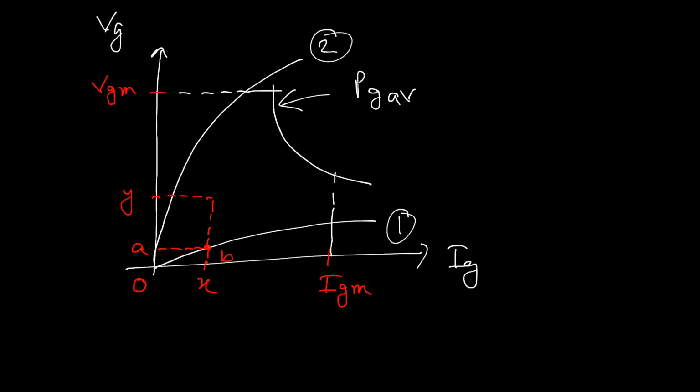Here, consider this is E, which is the supply voltage to the gate driver circuit. This is, suppose, I, which is defined by supply voltage E divided by Rg.